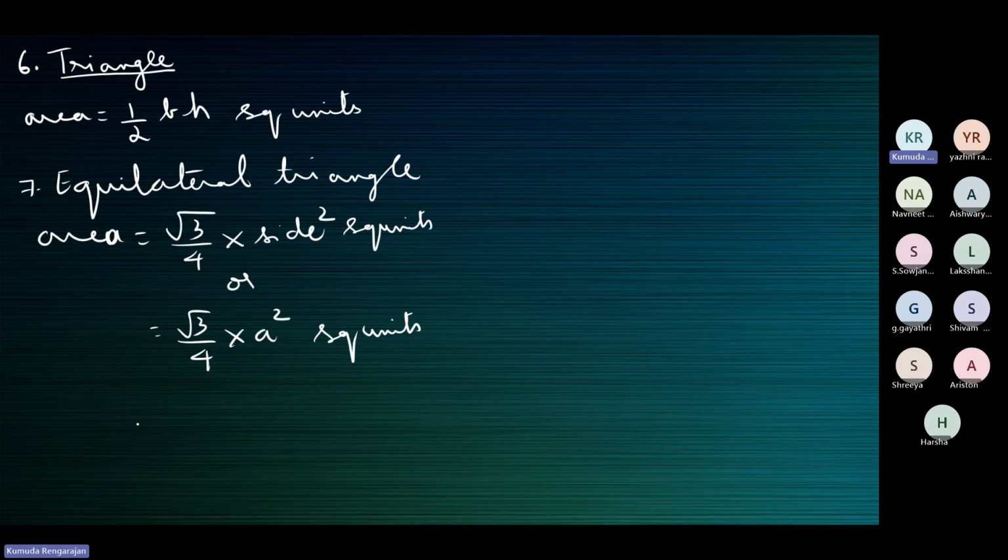The perimeter, you know, is the sum of the three sides. A plus A plus A, 3A. Perimeter is equal to the sum of the three sides. It's an equilateral triangle, so each side is equal to A units. So A plus A plus A, 3A units.